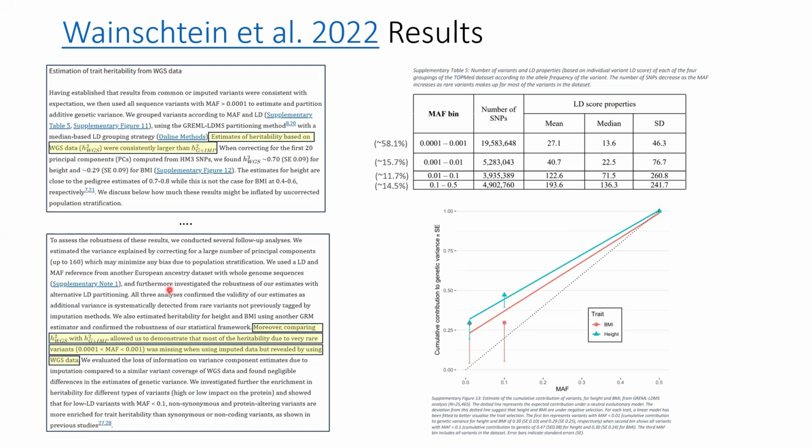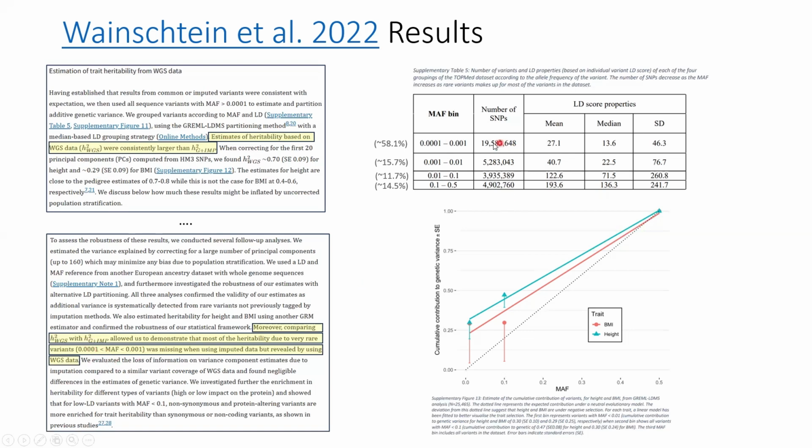What they showed is that by being able to use everything you could call with the whole genome sequencing data, at least after the quality control filters, you could get a higher estimation of the heritability for height and BMI. And they say more specifically that they believe this relates to the ability to include this most rare bin of SNPs.